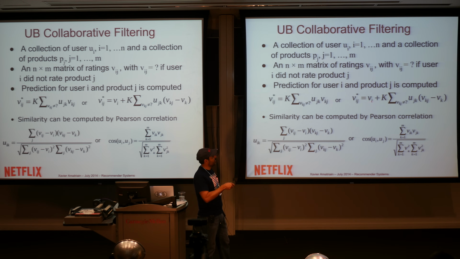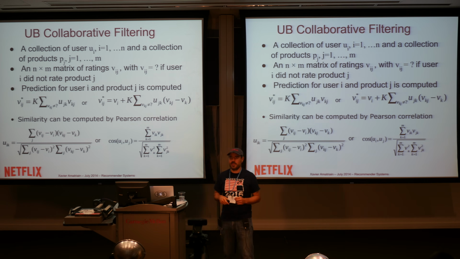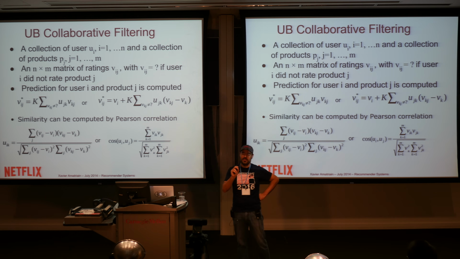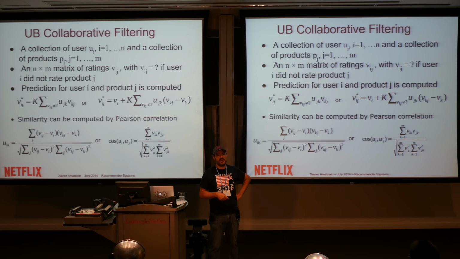Or we can do something a little bit more fancy, if you will, which is basically using the rating average and measuring the delta of each of the neighbors compared to the average of the item rating, and doing, again, a weighted combination of that delta between the average and each of the users' ratings.